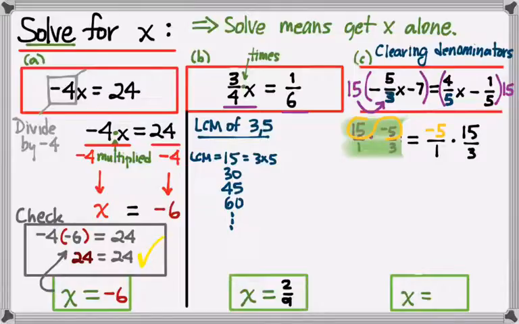And I'm going to argue that this actually makes our life a little bit easier in this problem. Because what's 15 divided by 3? 5. So I end up with negative 5 times 5, and I get that same negative 25 that we got before.